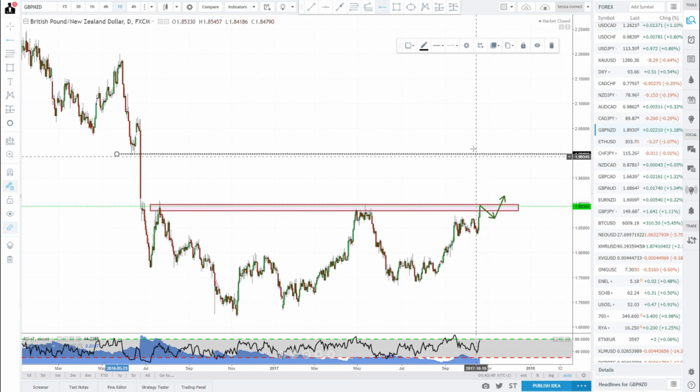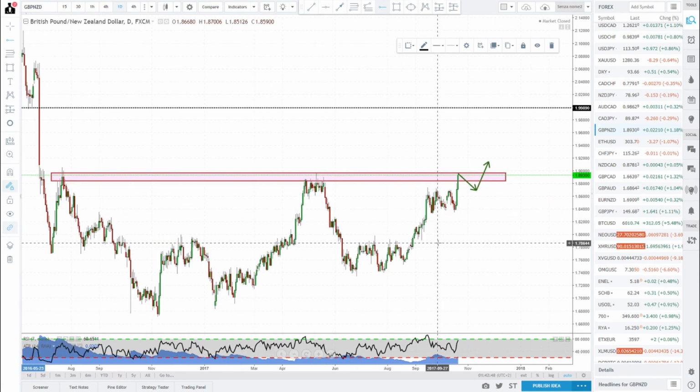So we have a huge zone to cover, but until I see a break of that level, I'm going to trade to the downside, because this is a major key point. This is actually a very important key point, a very important structure, a very important resistance. Until it's broken, I want to trade on the other side. If it breaks, I will trade on the upside.